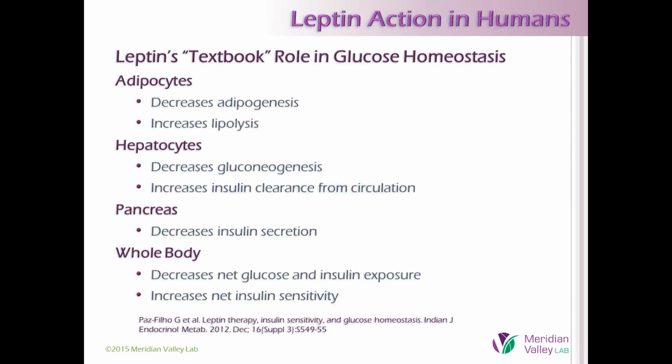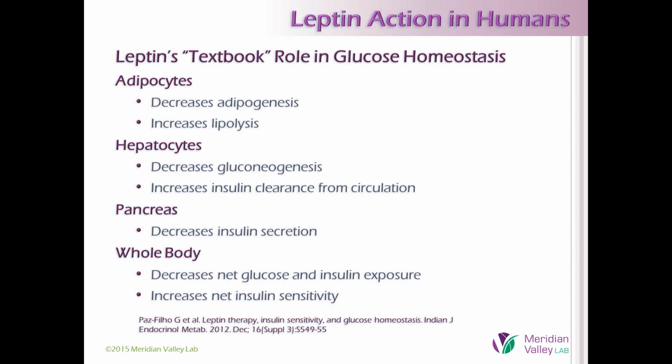So again, just taking another look at this in humans, if we look up leptin's role in our physiology textbook, we think about all the things that happen in the fed state. We're going to release fatty acids from our adipocytes because we're in the fed state.